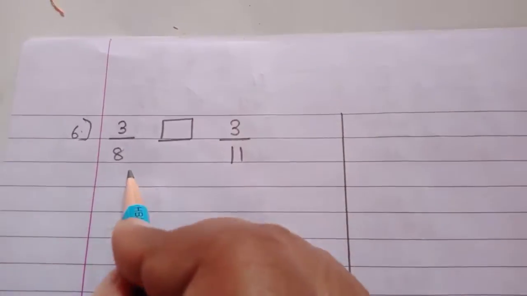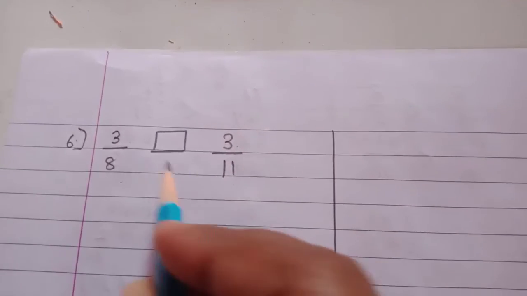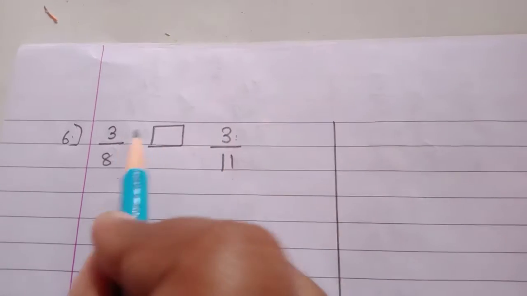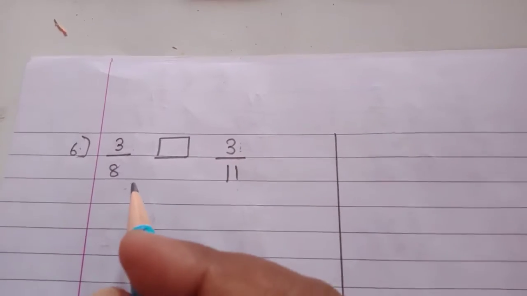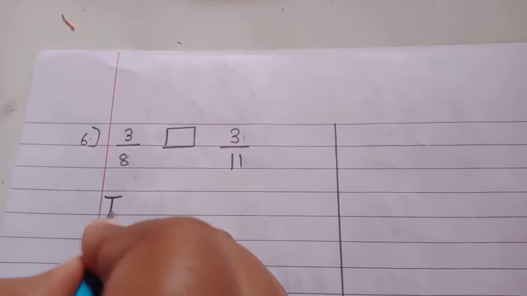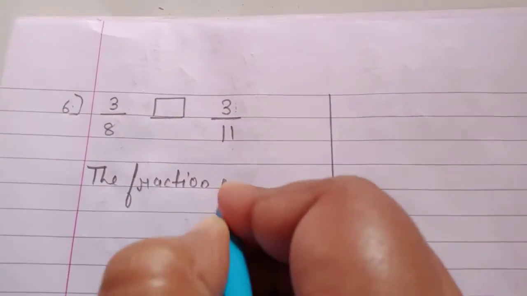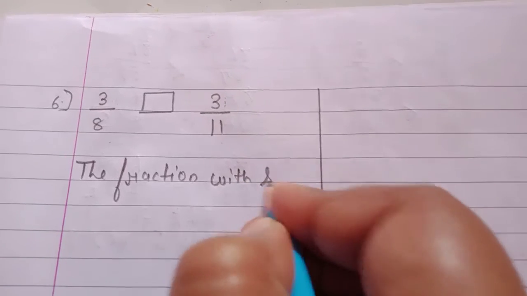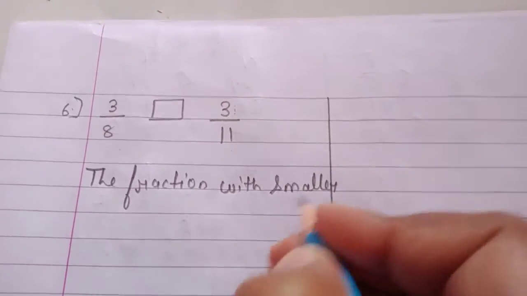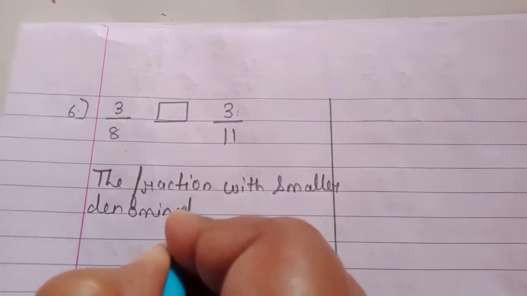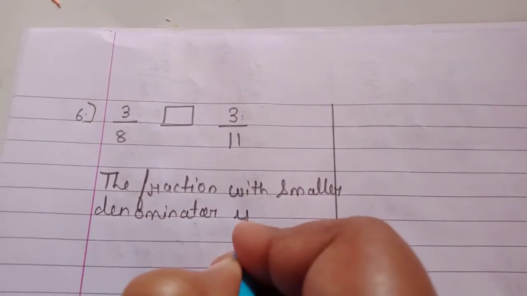Now next number 6. 3 upon 8 and 3 upon 11. Here see, the numerators are same in both the fractions, 3 and 3. So when numerators are same, the fraction with the smaller denominator is greater.